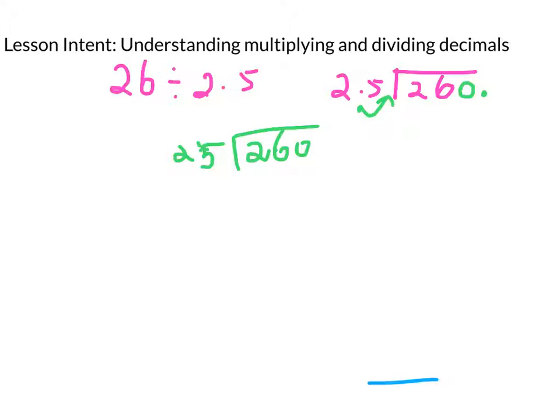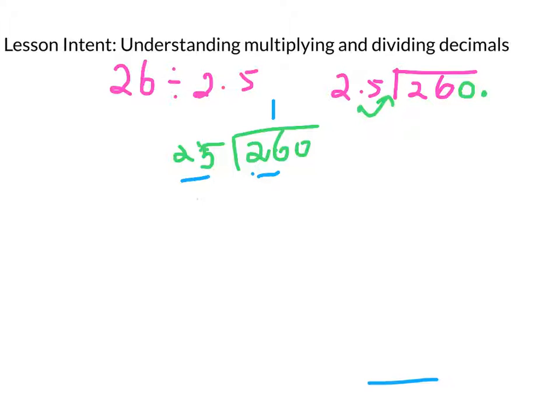Okay, so let's get started. We can see how many 25s can go into 2, which is 0. So then we need to move on to 26. So 25 goes into 26 once.